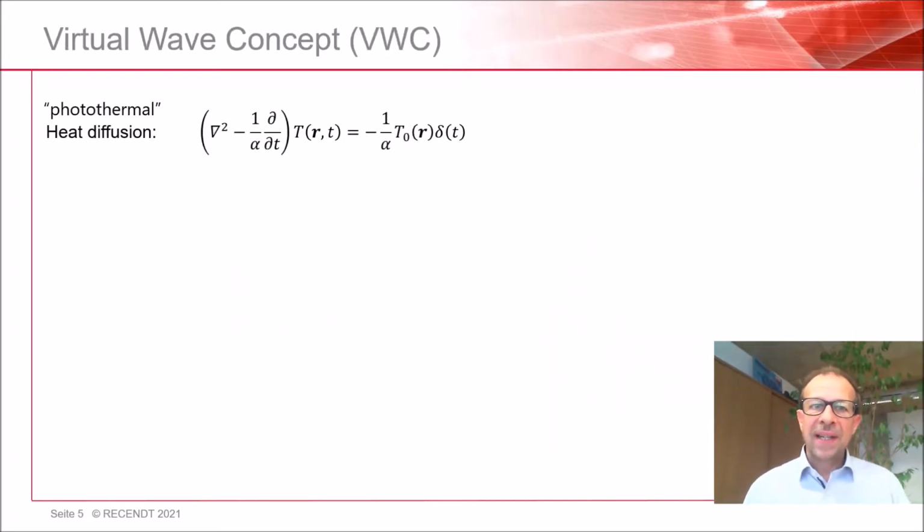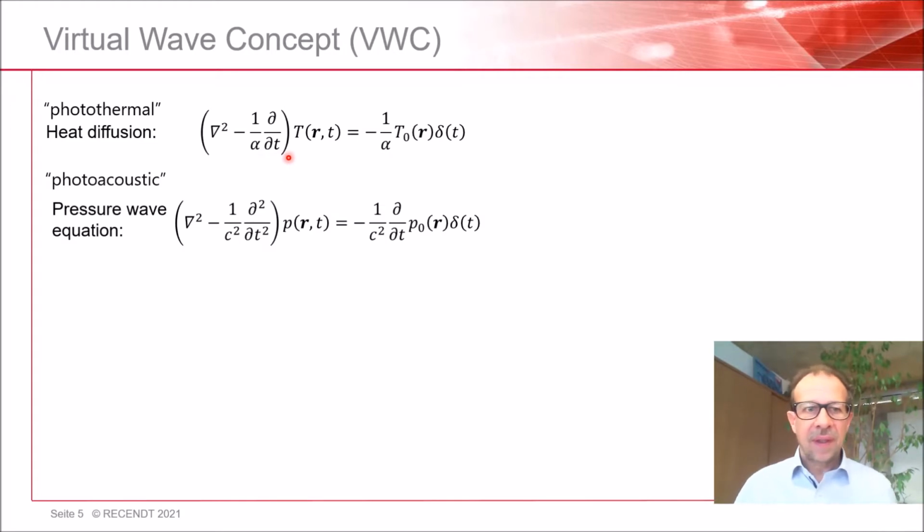Now let's explain the virtual wave concept. The photothermal heat diffusion equation gives, from a given temperature T0, the heat diffusion and the evolution of the temperature T. The photoacoustic or pressure wave equation gives, from an initial pressure distribution P0, the evolution of the pressure P as a function of time and space.